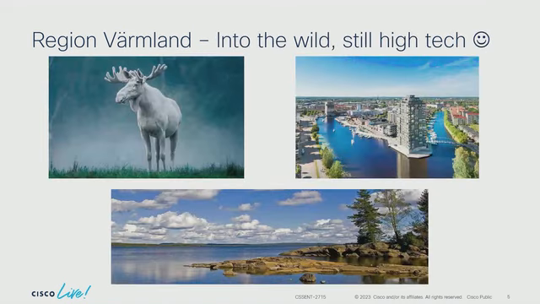Yeah. So Värmland is dominated by large forests with a lot of wildlife. We have elks, deers, moose, and even wolves as well, and also a lot of lakes and rivers.